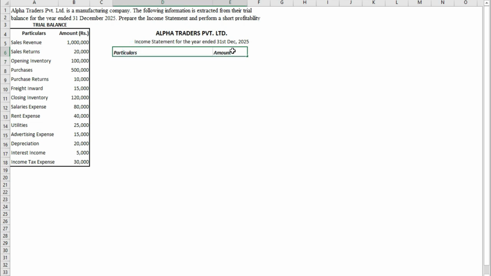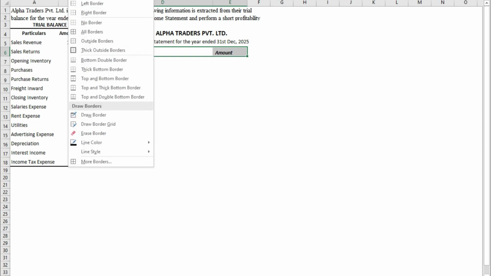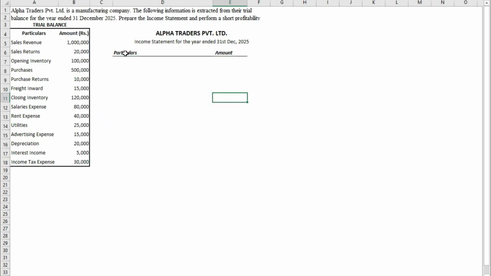Just select both of these, go there and put bottom borders, yes, particulars and amount. Okay, so now we have our trial balance, and quickly we will start adding the values here, and I will also explain what this means.